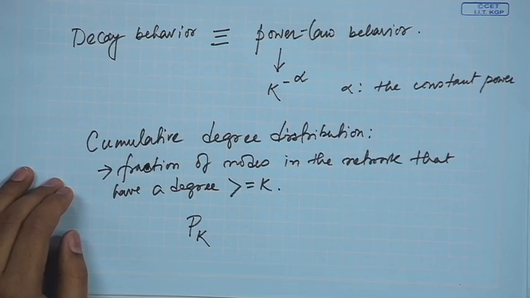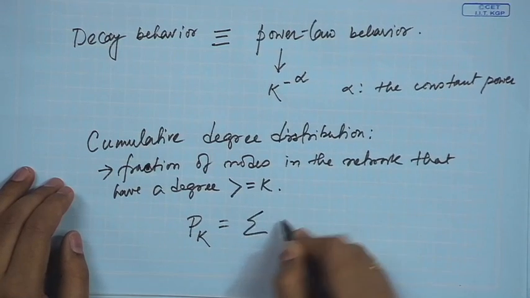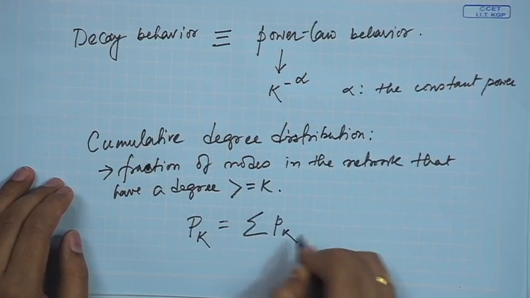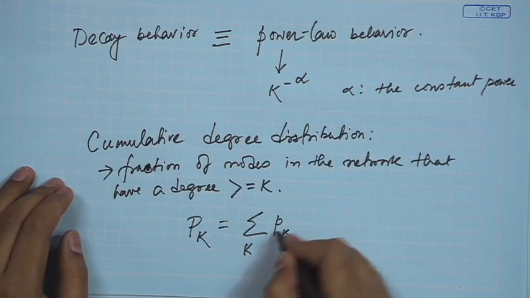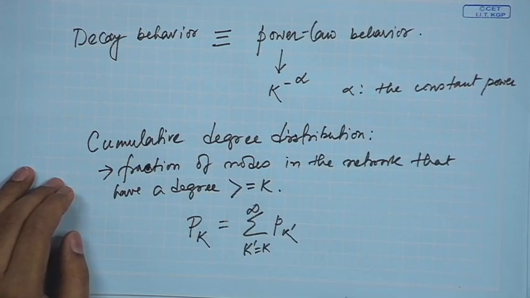You can translate the original degree distribution into a cumulative degree distribution by the expression: simply sum small p of k from some k to infinity.